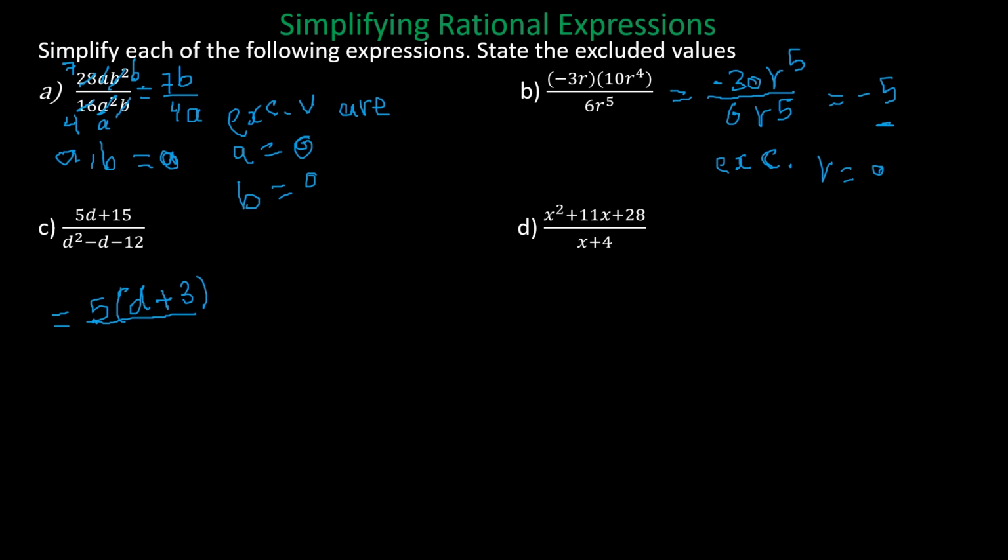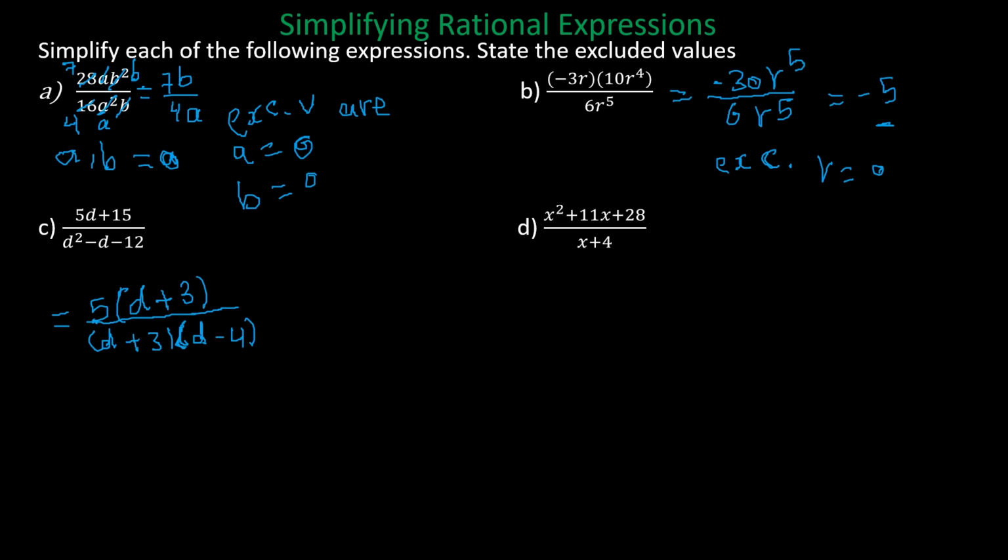To factor the trinomial, we make it like this, d and d. Then we find two numbers whose product is 12 and whose sum is negative 1. It's going to be 3 and 4. We need the sum to be negative 1, so we put negative 4 here and positive 3.